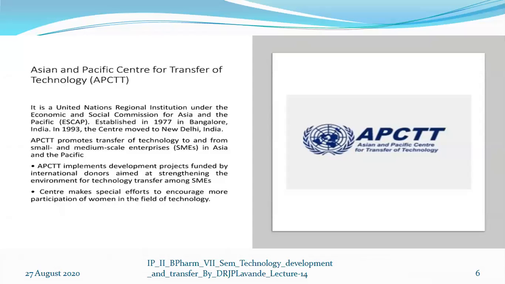So these work in Asia as well as in the Pacific region. Now, it is a United Nations regional institution under the Economic and Social Commission for Asia and the Pacific, right? It was established in 1977 in Bangalore.